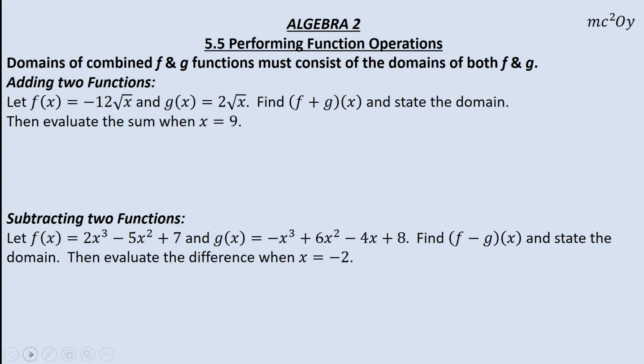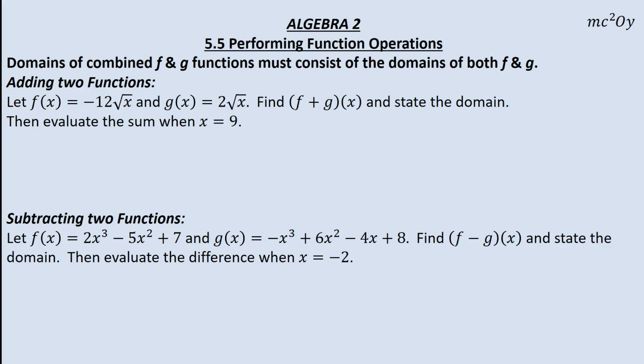All right, domains of combined f and g functions must consist of the domains of both f and g, and I'll show you what that means when we go through and add one of these up and show you how that affects the domain. So first, find f plus g of x. State the domain.